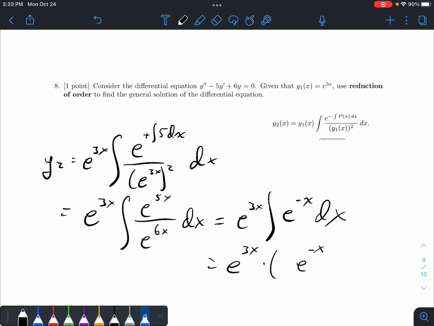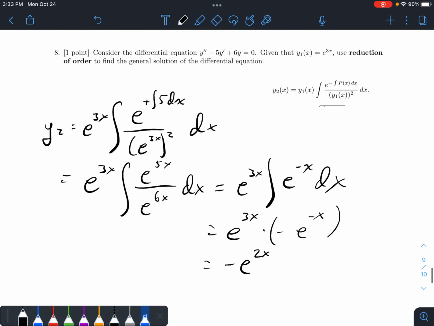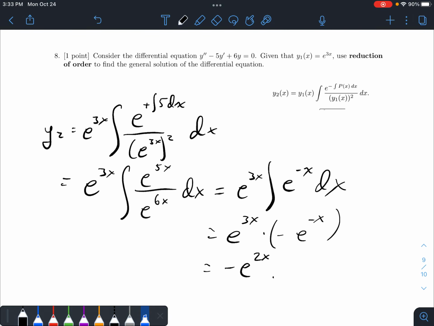The integral of e to the negative x is e to the negative x divided by -1, so same as times -1. So this is negative e to the 3x times e to the negative x. So this would be e to the 2x, and this would be our y sub 2.